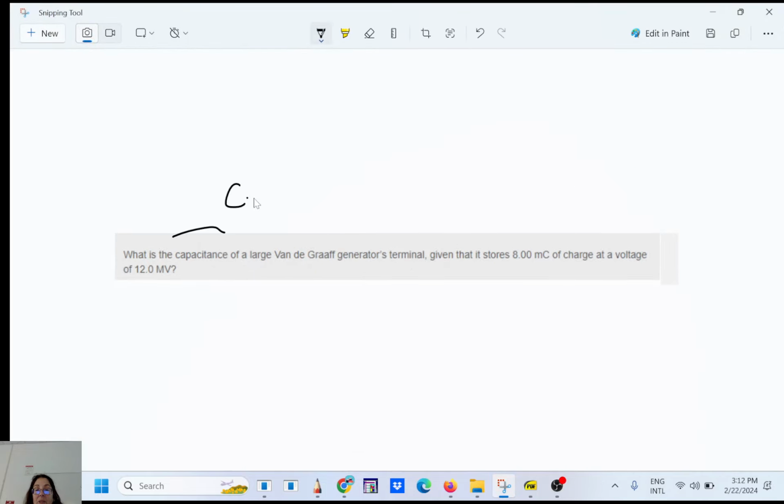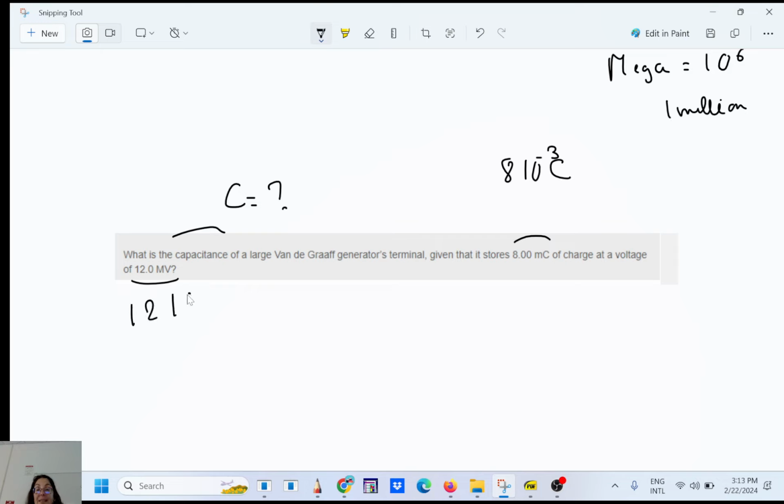So capacitance, question mark, that stands for milli. This is milli. So 10 to the negative 3. And the voltage, that's mega volt. Mega is 10 to the 6. It's a million. Okay, that's 1 million, like a megabyte. Mega, exactly. 10 to the 6 volt.